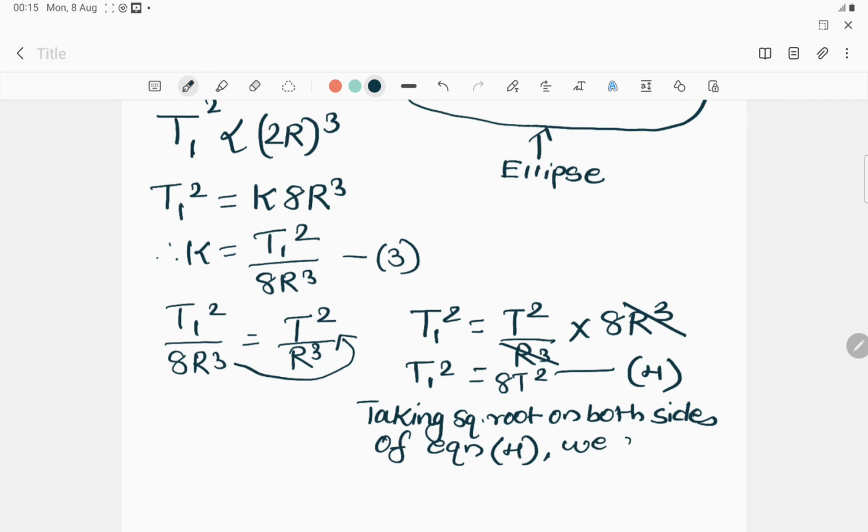We get t1 will be, now what is the square root of 8? I will take it directly as 2 root 2, and the square root of t square will be t. So that is the answer.